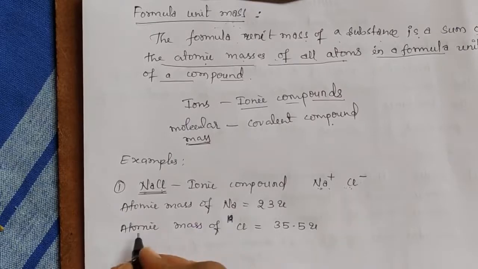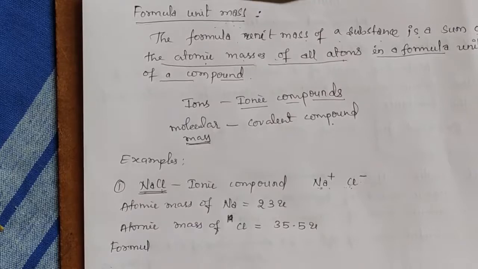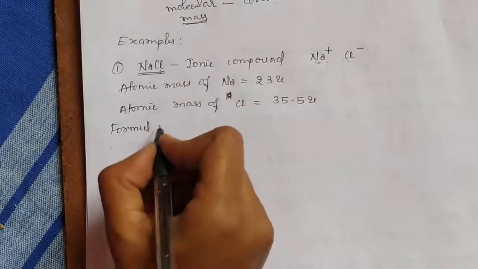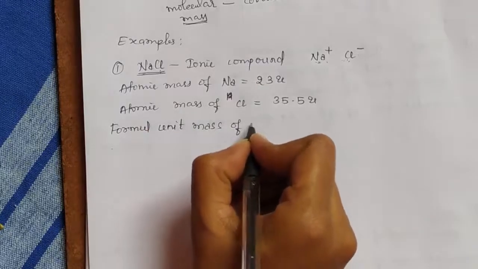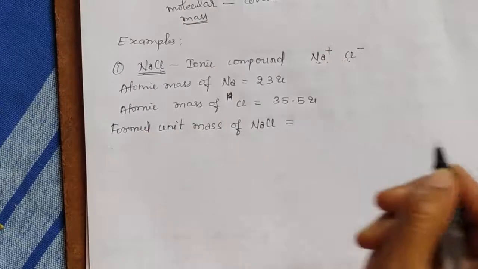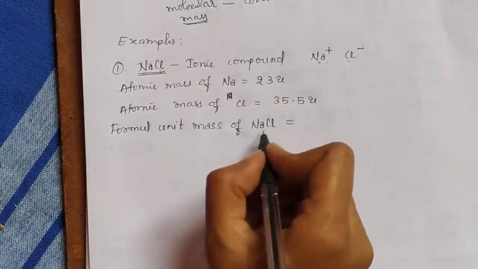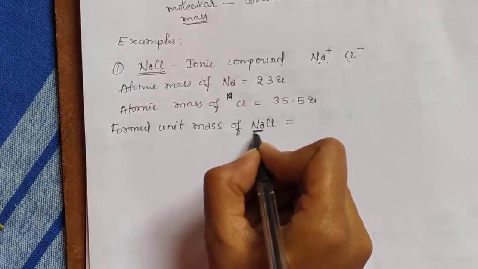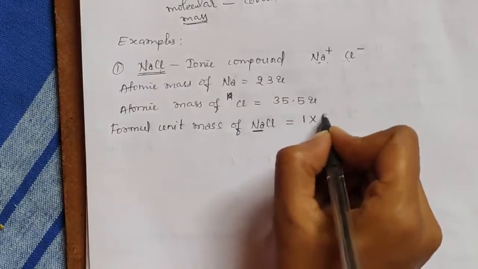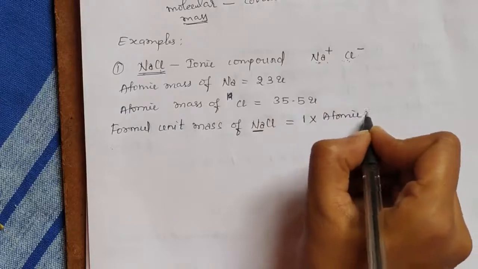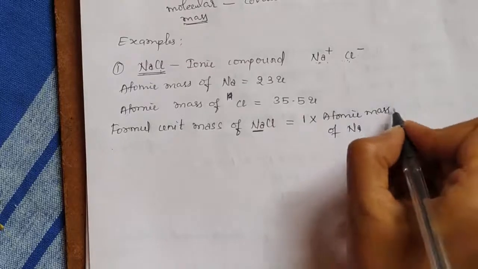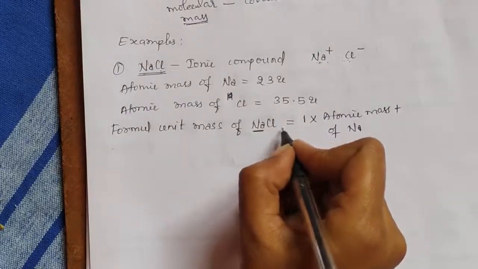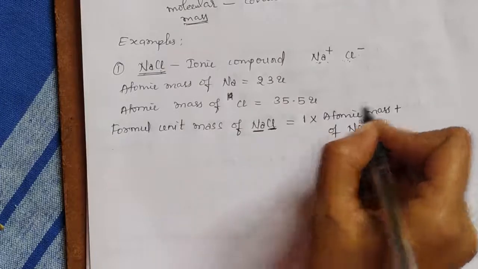Now, we will calculate the formula unit mass of sodium chloride. We have to count the number of sodium atoms. Here, only one sodium atom is there. So, 1 into atomic mass of sodium, plus, here count the number of chlorine atoms. Only one chlorine atom is there.